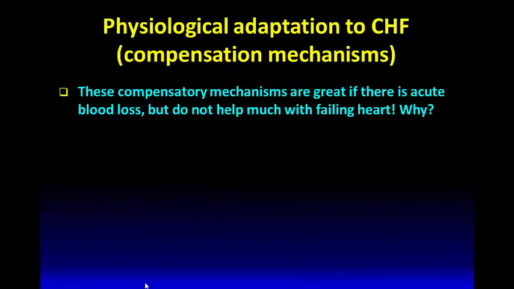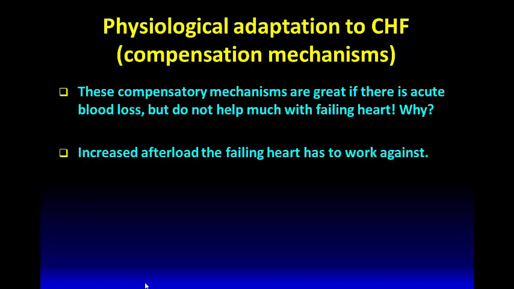So these compensatory mechanisms, they are great, they are very good if there is acute blood loss, but they do not help much with the failing left ventricle. Why is this the case?